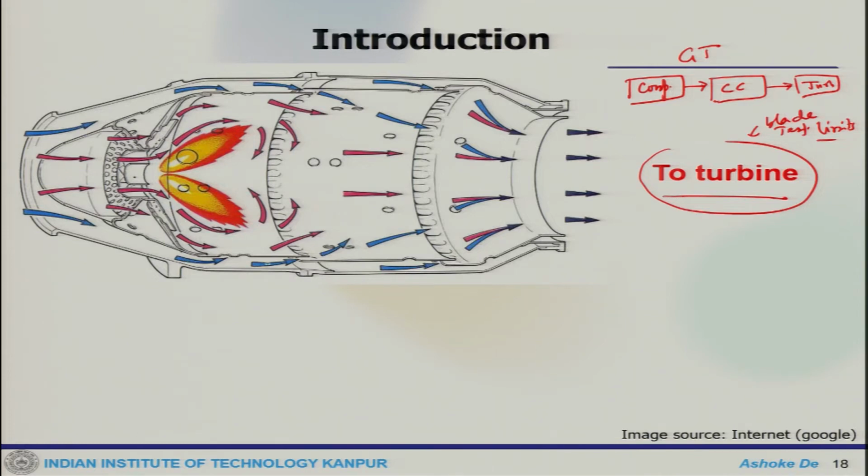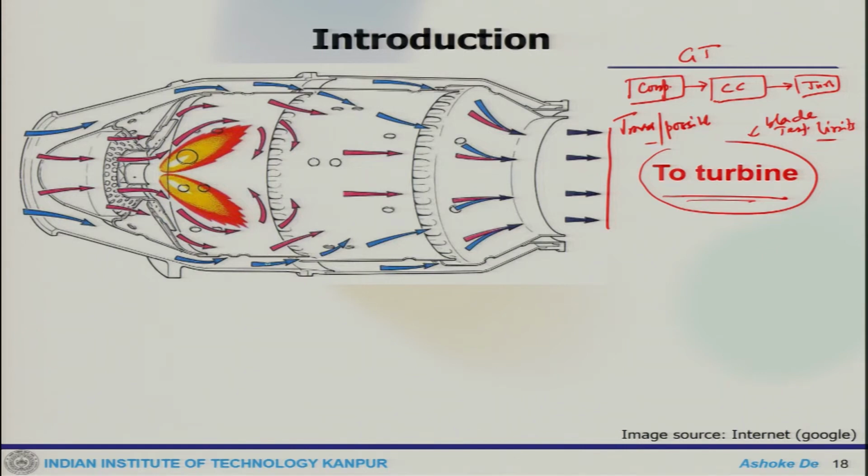So, essentially for a GT unit, all these designs come from the downstream component like the turbine. The turbine blade material actually dictates the possible maximum temperature, T max, and this temperature will be maintained through the combustor. So, this will dictate what the hot product entering there could be.